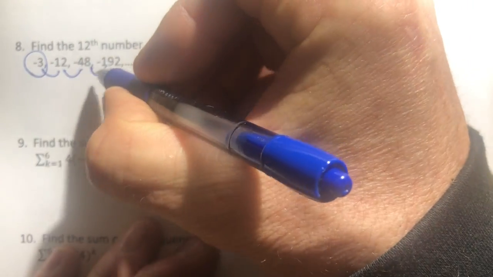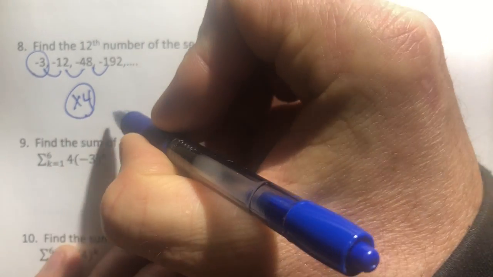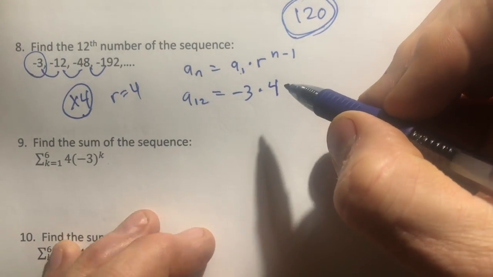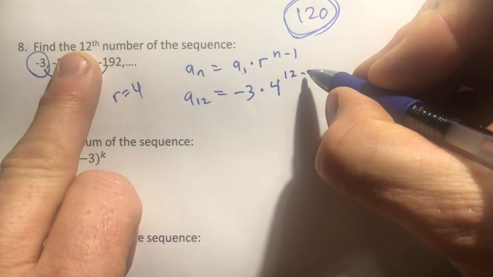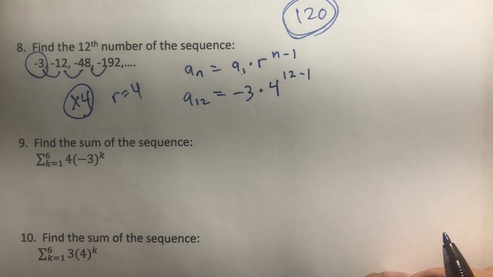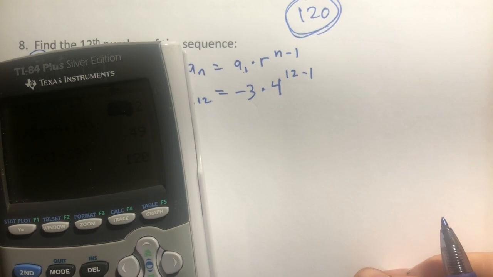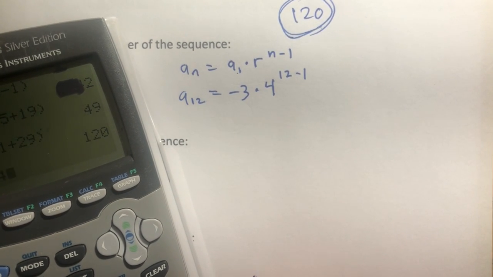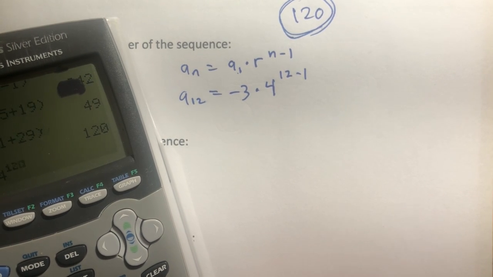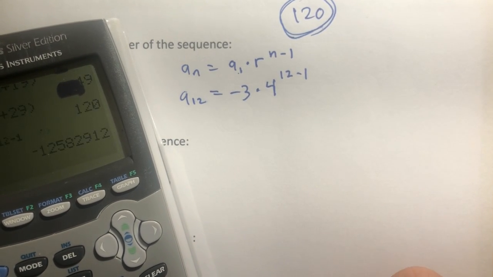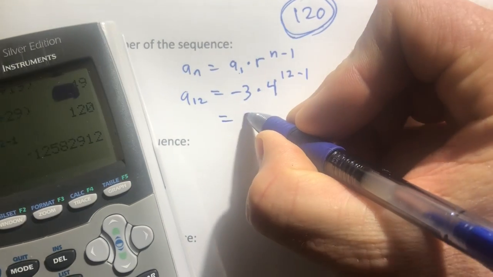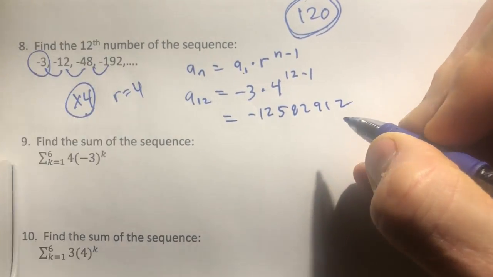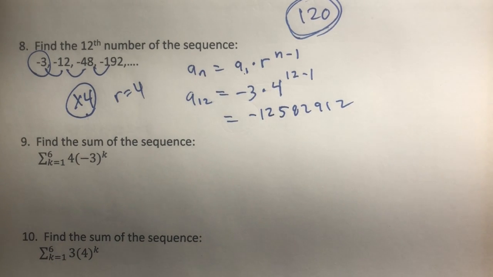It looks like it multiplies by 4. So r is 4, and I want the 12th number, so this is 12 minus 1. If I punch this in, -3 times 4 to the 12 minus 1 power, I get -12582912. That's the 12th number.